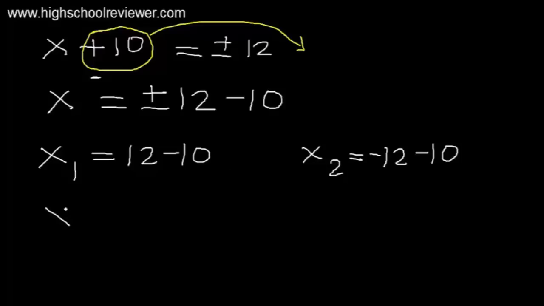So our x sub 1 will be equal to positive 12 minus 10, that is positive 2, and our x sub 2 will be negative 12 minus 10, negative 22. Therefore, x sub 1 equals positive 2 and x sub 2 equals negative 22. They are our final answers.